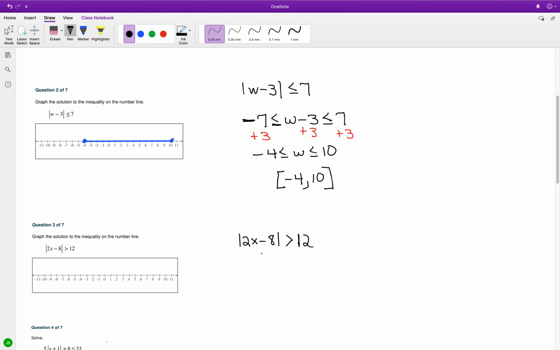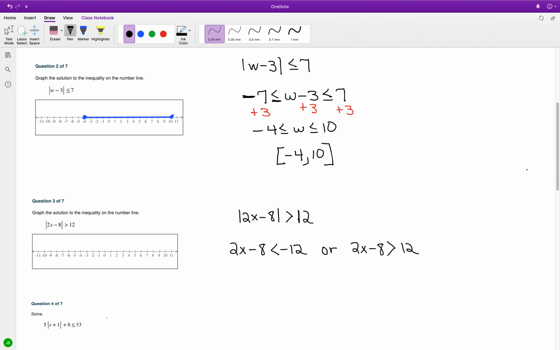At the lower end, for 2x minus 8 to be at a distance of more than 12 units away from 0, we're looking at increasingly negative. So we're going to have 2x minus 8 is less than negative 12. And at the upper end, looking at increasingly positive, 2x minus 8 is greater than 12.